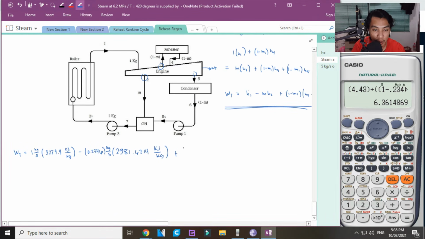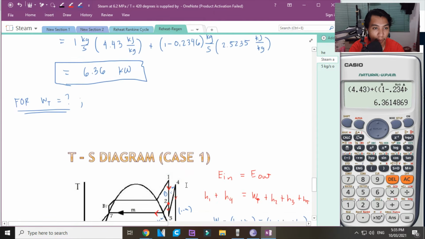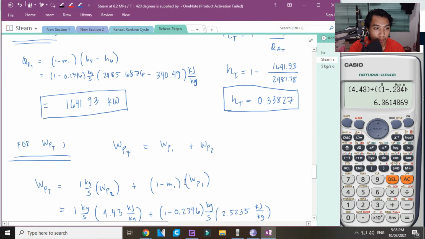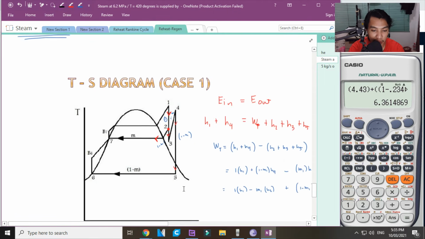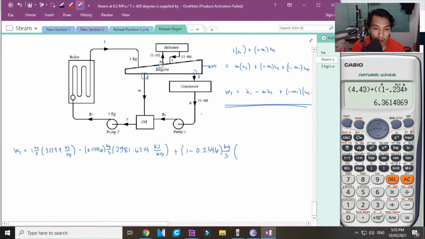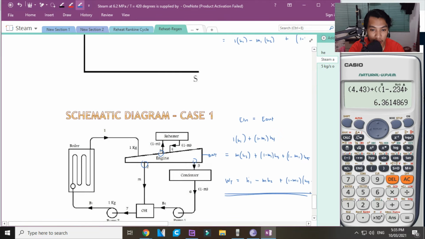Tapos plus 1 minus 0.2346 kilogram per second multiplied to H4. Where is H4? H4. Ayun, 3110.7 minus yung H5 tsaka H3.